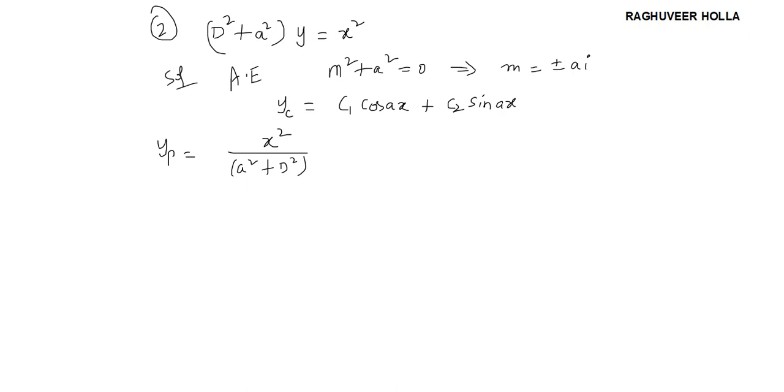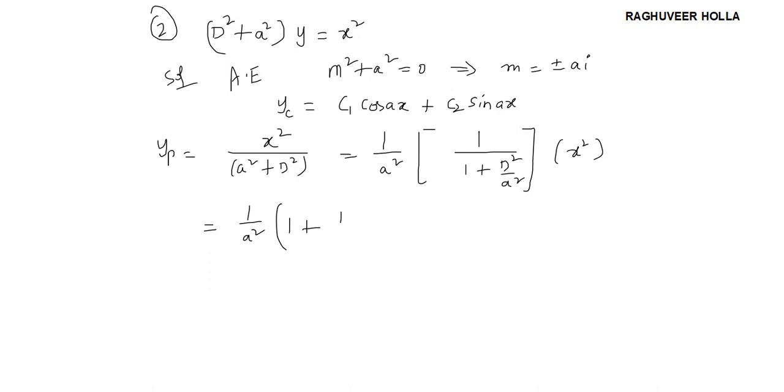Now yp would be x square divided by a square plus d square. If I take 1 by a square outside, I get 1 divided by 1 plus d square by a square, multiplied with x square. That would be 1 by a square into 1 plus d square by a square to the power of minus 1, multiplied with x square.